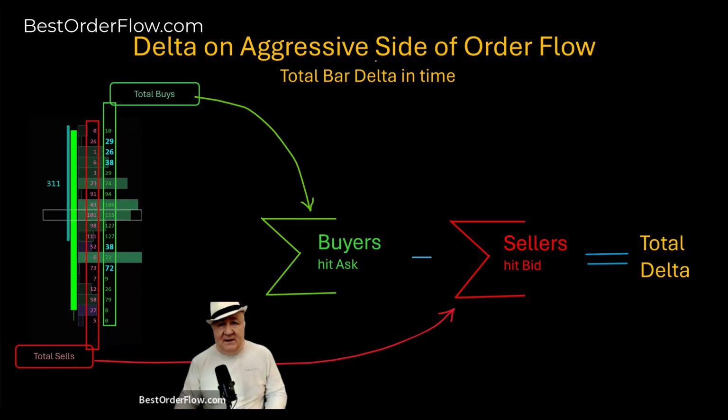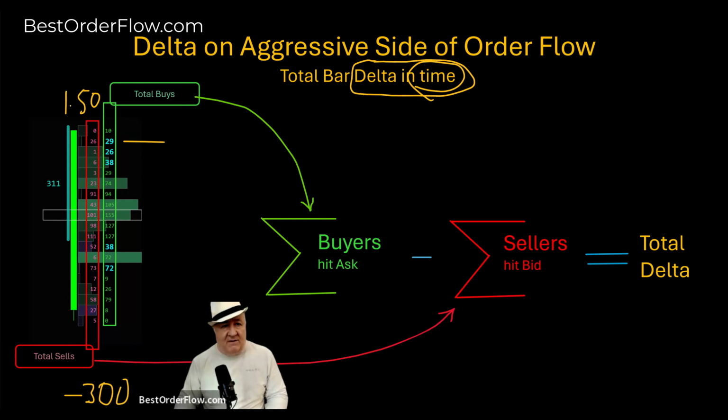Okay, so the delta is responsible for many indicators. There is a delta by time and there is a delta by price. This is the delta by price and this is the delta by time. Usually you can see the total number above or below the candle, like 300 over here if it's negative, or 150 here if it's positive.